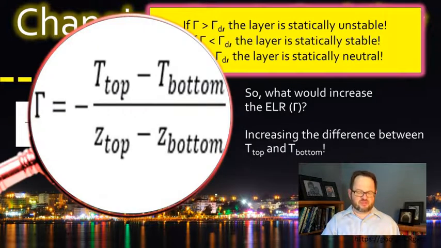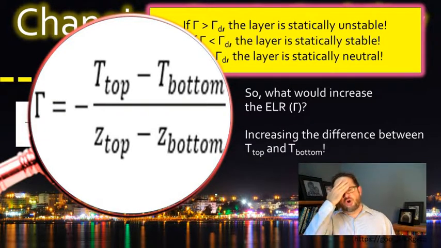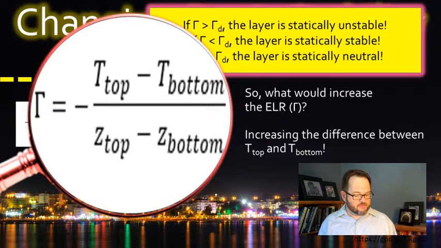So if I zoom in on that equation and start thinking about this, I've got this equation for my environmental lapse rate, gamma, and what would I have to do to this equation to make this number bigger? Well, I can only mess with the numerator, because the denominator is just the height of the top and the bottom of the layer. I'm not in control of that. So I want to change the difference between top and bottom, the temperatures of the top and the bottom.